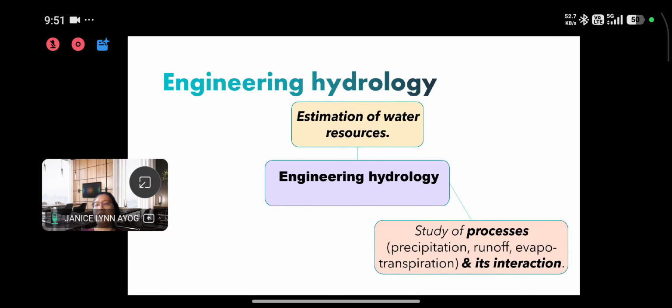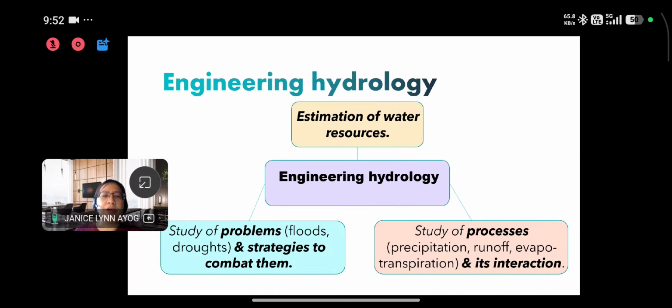Okay, you will also be studying the processes. Precipitation, rainfall is part of precipitation. You have the runoff, evapotranspiration, and its interaction in between. So what's the interaction between precipitation and runoff, and also interaction with the evapotranspiration.